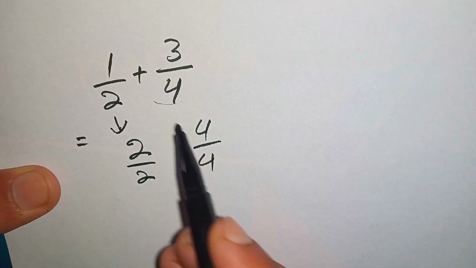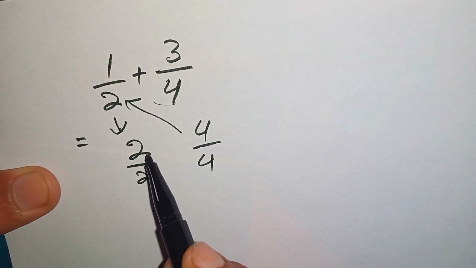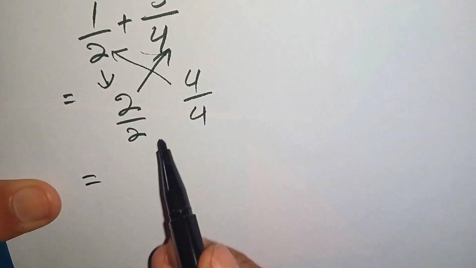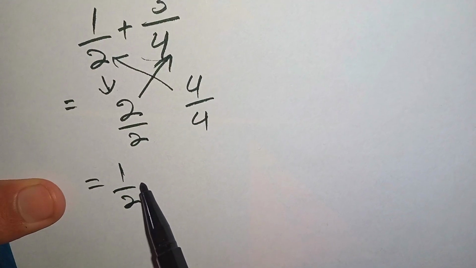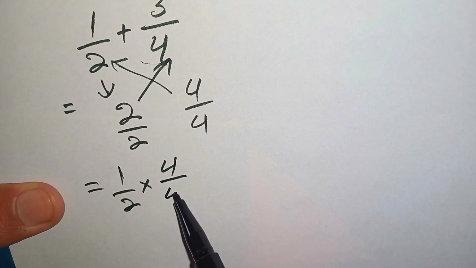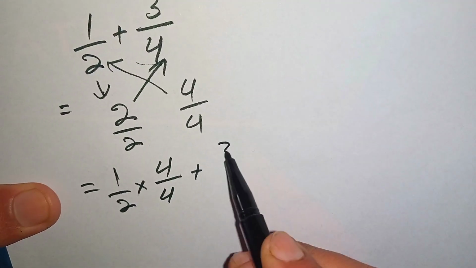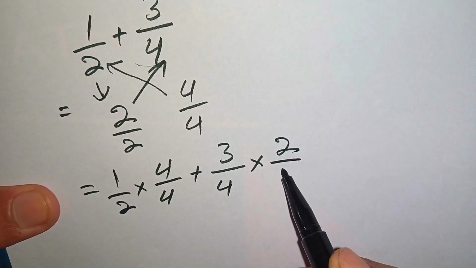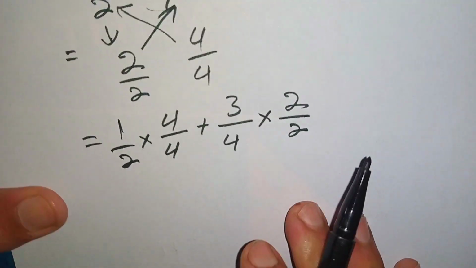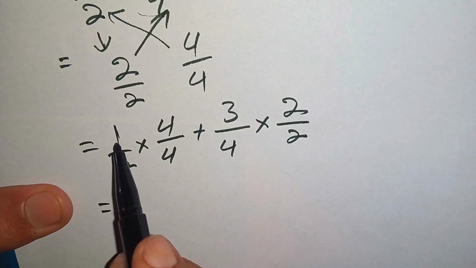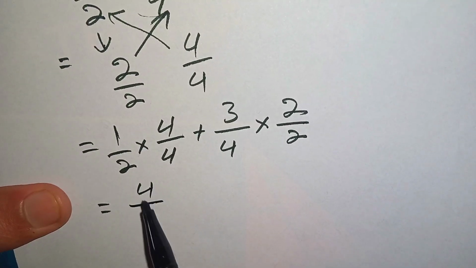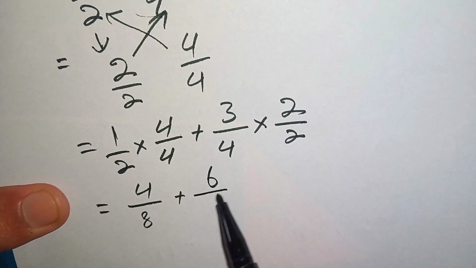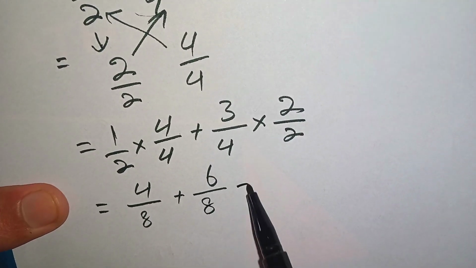Multiply this 4 over 4 with 1 over 2 and this 2 over 2 with 3 over 4. So 1 over 2 multiplied by 4 over 4, plus 3 over 4 multiplied by 2 over 2. So write 1 times 4 is 4 and 2 times 4 is 8, plus 3 times 2 is 6 and 4 times 2 is 8.